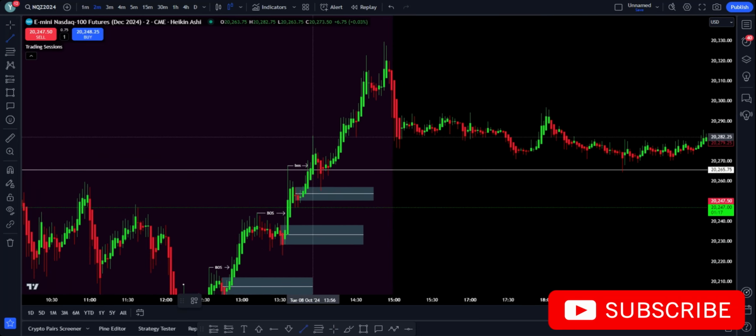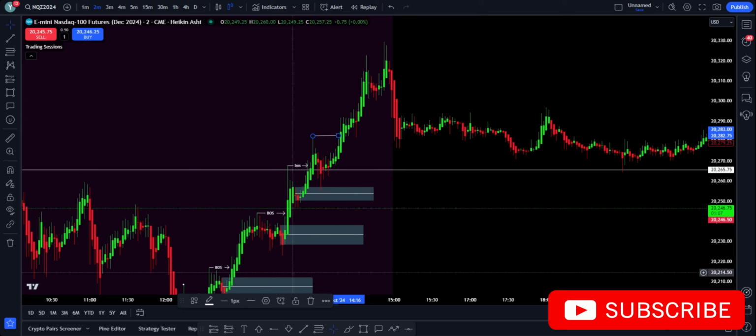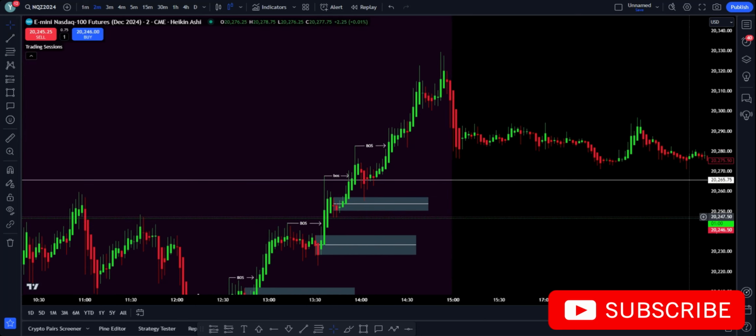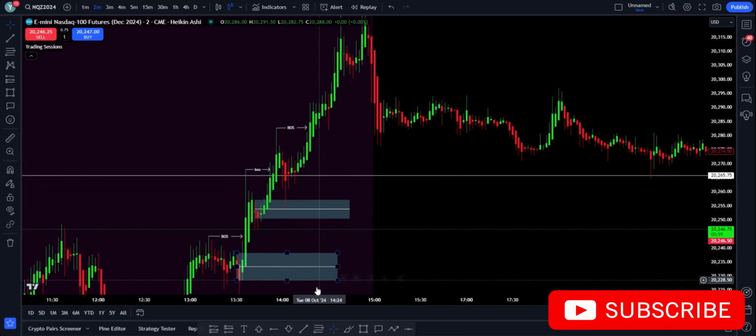We still had this breaker structure that happened here as well, but this was later during the day. I wasn't looking at the market at all. Then it just keeps going.